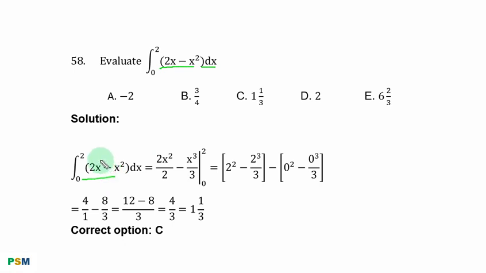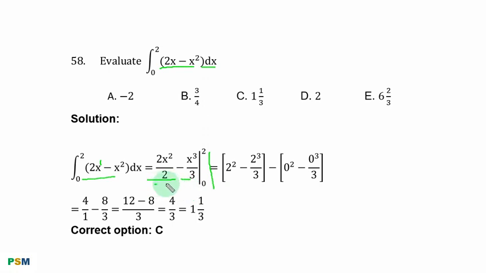The power here is 1. You add 1 to it, you have 2s squared over the sum of the powers, 1 plus 1, that is 2, minus here you add 1, it becomes 3 over 3, over the given limits.